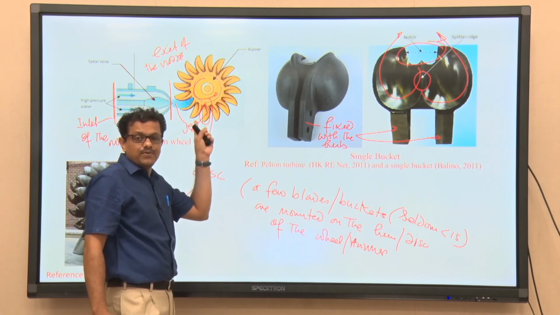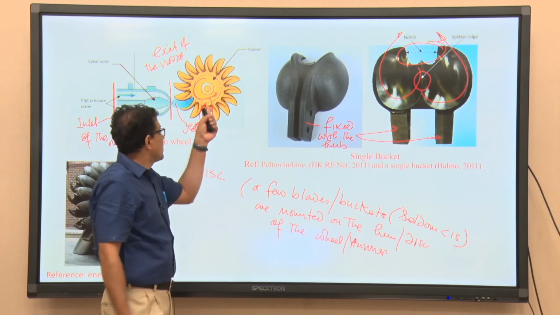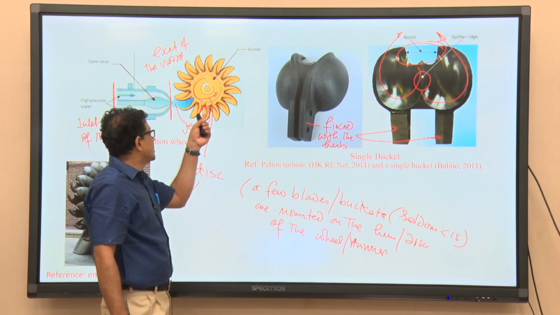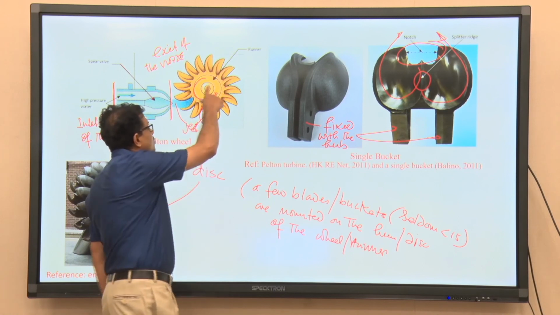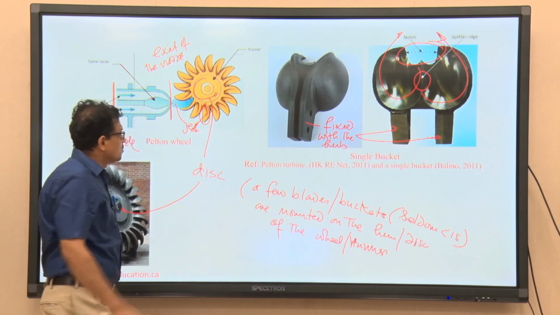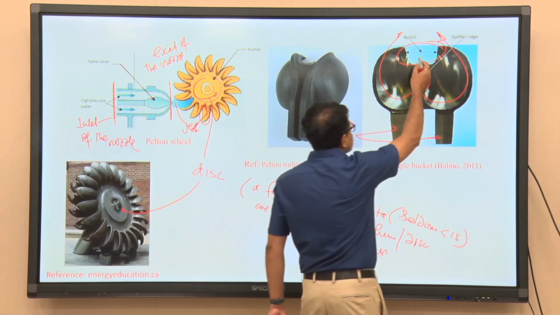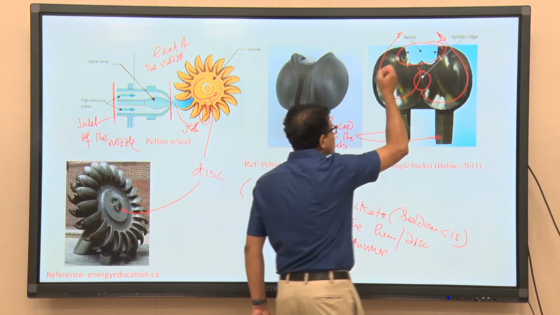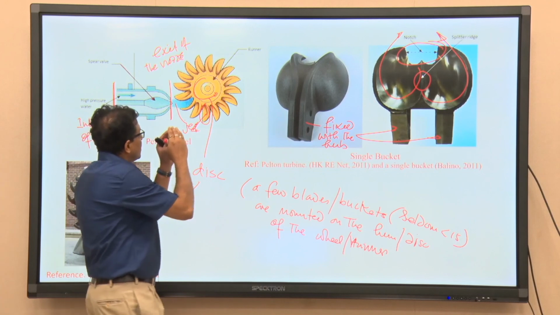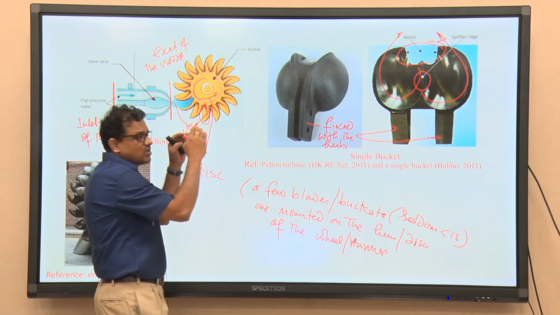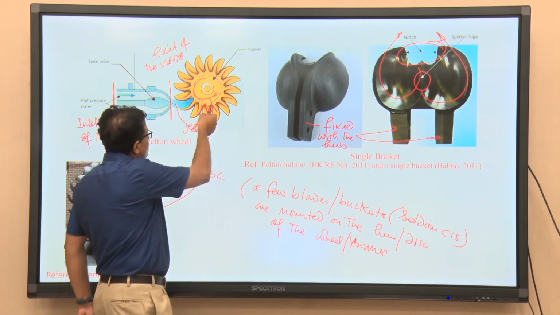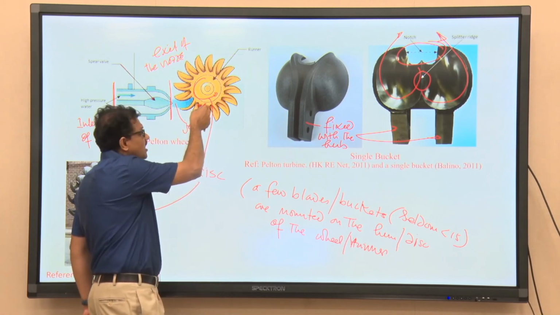If that is the case, instead of developing maximum power, it will provide a resistance to the motion of this runner and we will get less power output. So, this notch is provided so that it will not allow the outcoming jet to strike the preceding blade which is going to come.